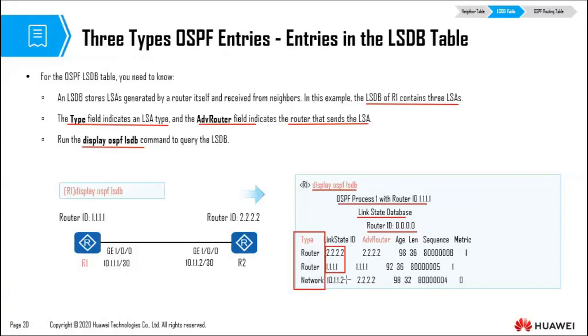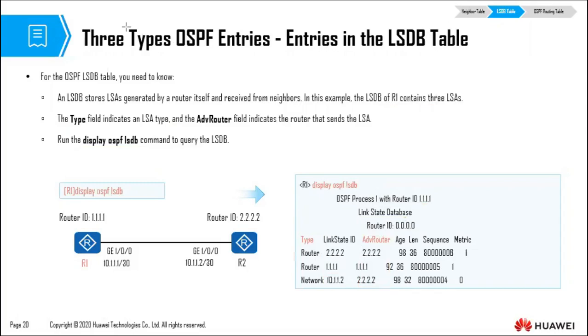The network LSA is used to describe that particular interface. The advertising router here gives us the router ID of each of those routers that have advertised a particular LSA. So those are the important fields on the link state database.